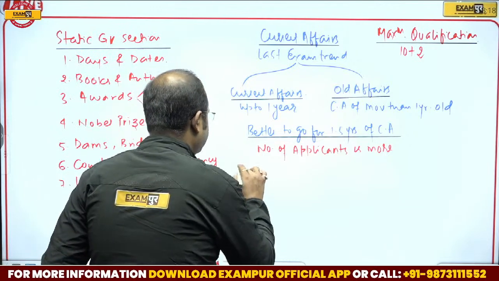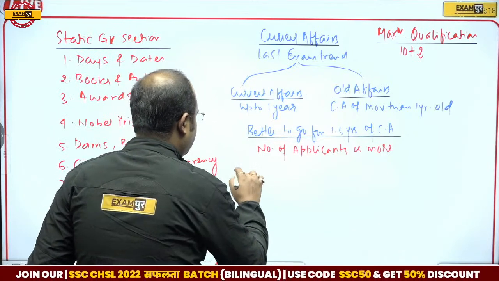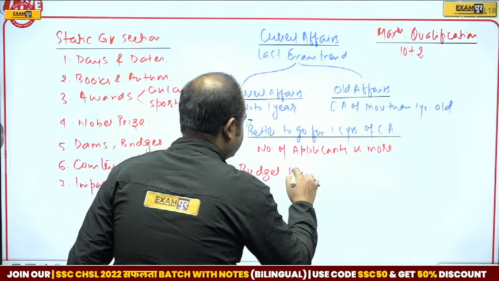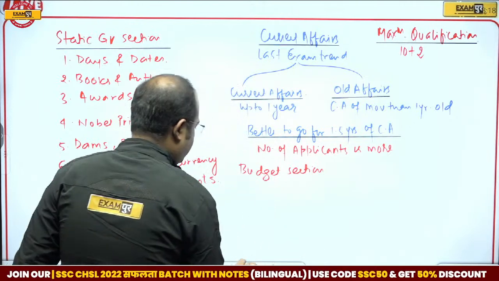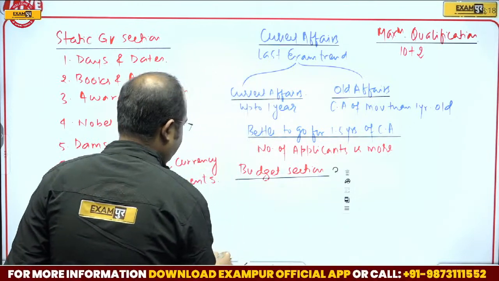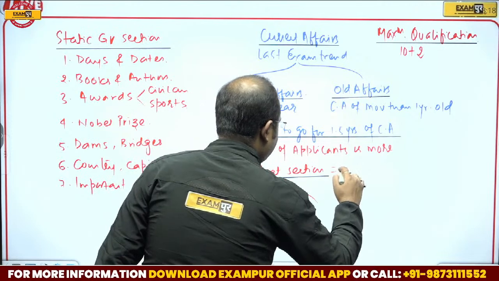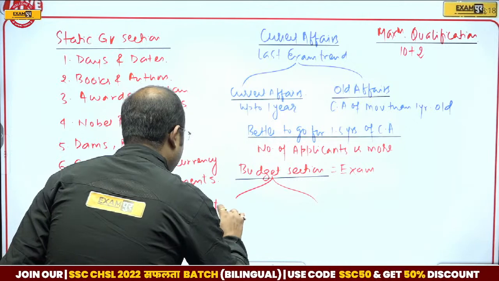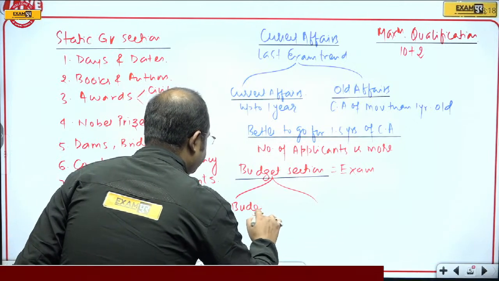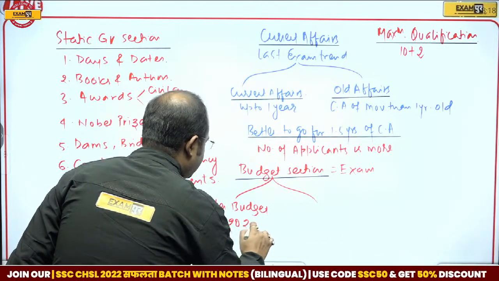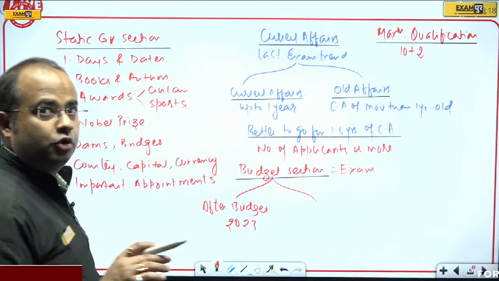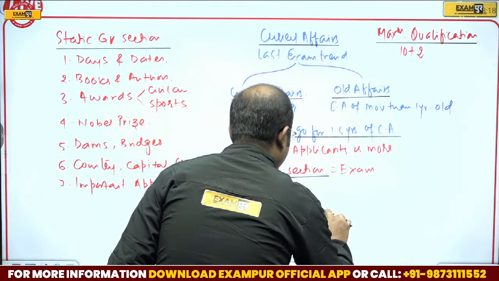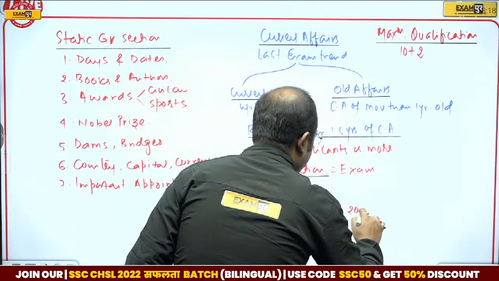So especially this budget section, what I have seen is that the budget section becomes important. If the exam is after budget 2023, that is after the February month, you should also read the budget of 2022.